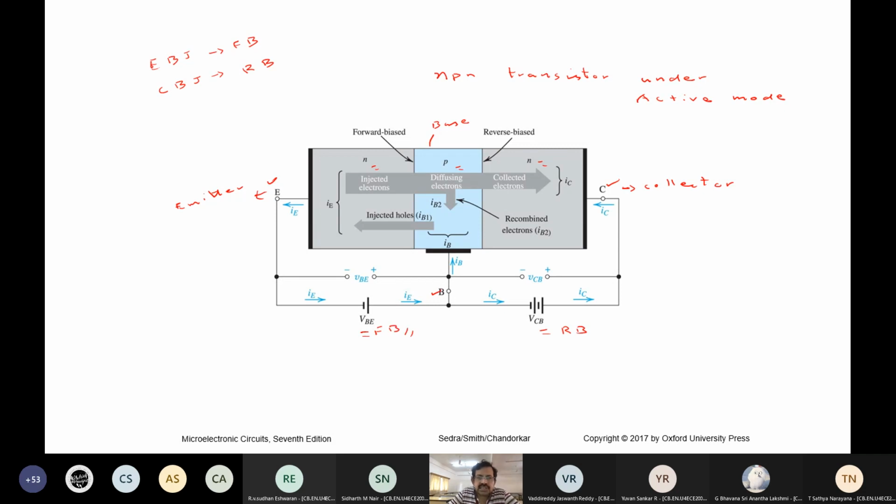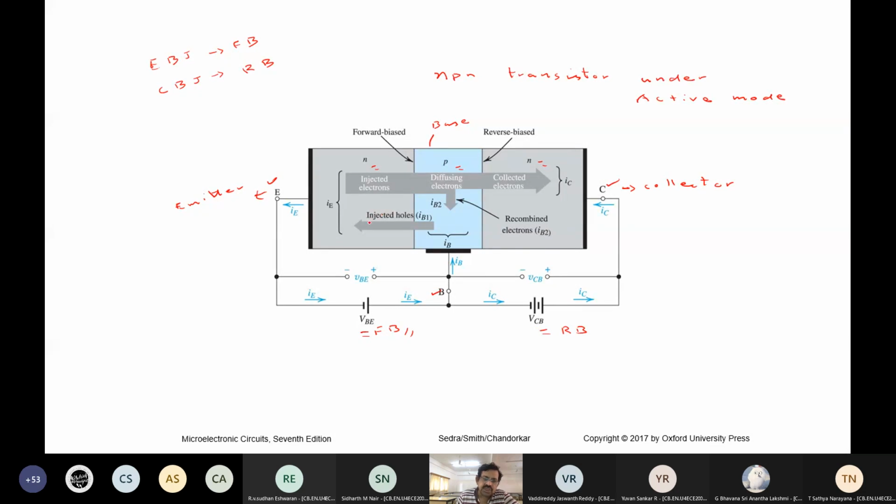With this, let us understand what are all the directions of the current flow and how current flow happens under this biasing. Right at the outset, I will point out the difference in the notation here. These are the small VBE and small VCB, and this is capital VCB, VBE.